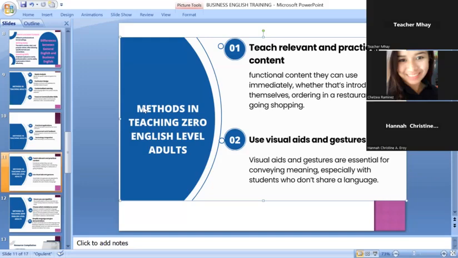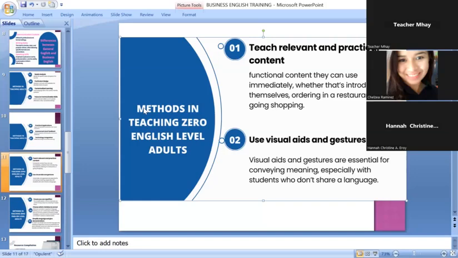So as online teachers, if we teach zero English level adults, we're like puppets actually. We need to do something, sometimes it can be a clown, so we can be everything as online teachers if we teach zero English level, as long as they can understand. We can also do, for example, introducing themselves.